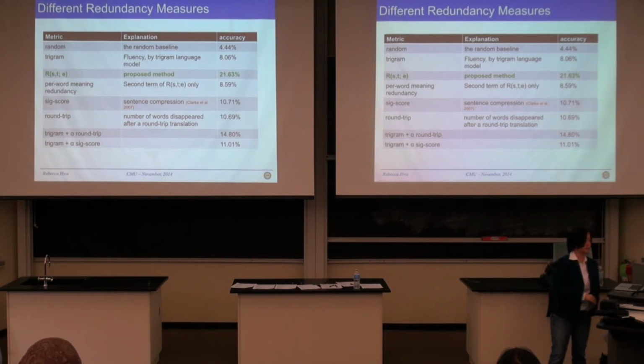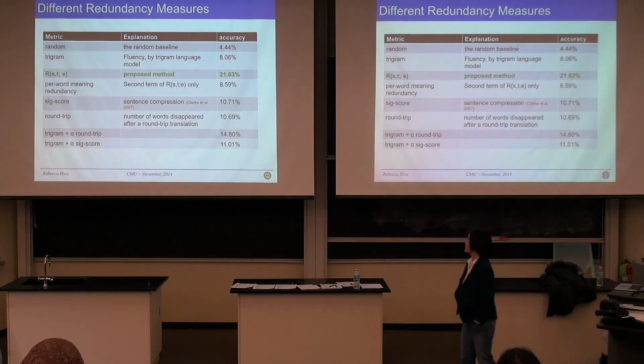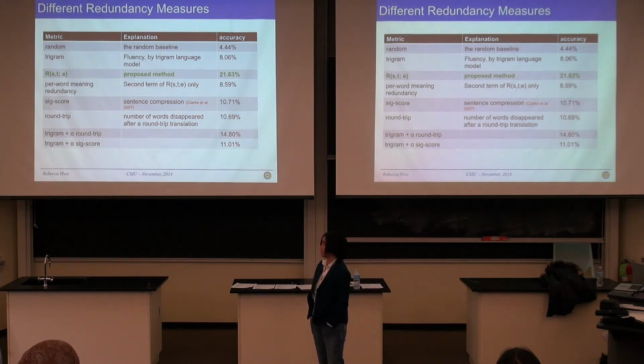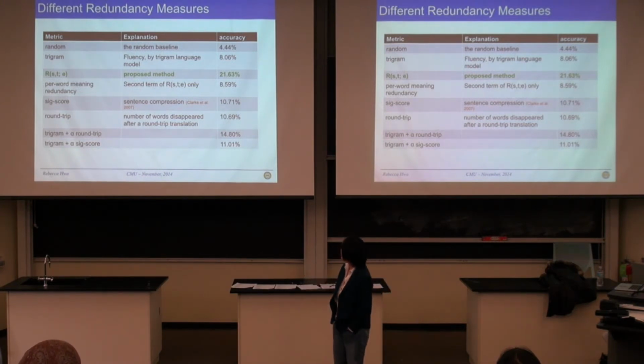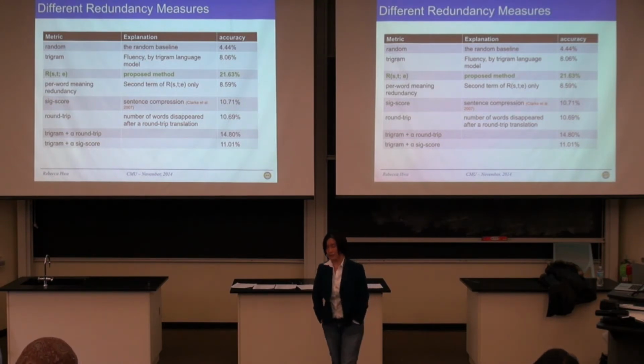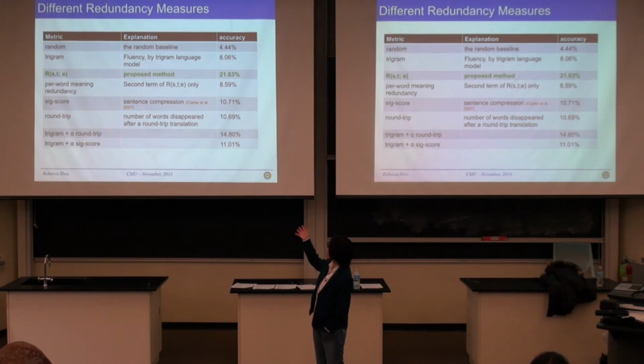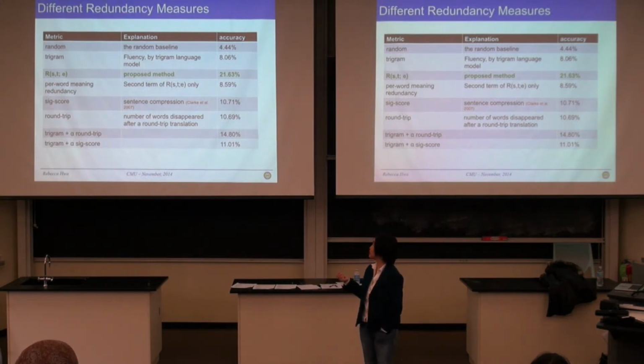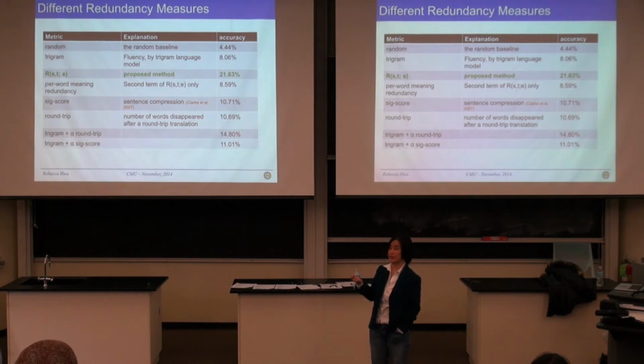Since then, I'll just say a few words. Wei Chao, the student who worked on this, has defended his dissertation and graduated, and he did a little bit more work since then, where he included this measure as well as everything else as additional features and trained a classifier to specifically predict whether a word should be deleted or not.